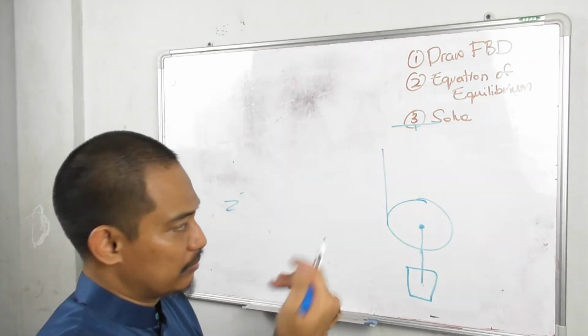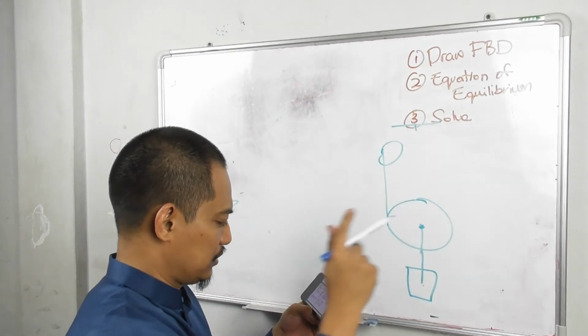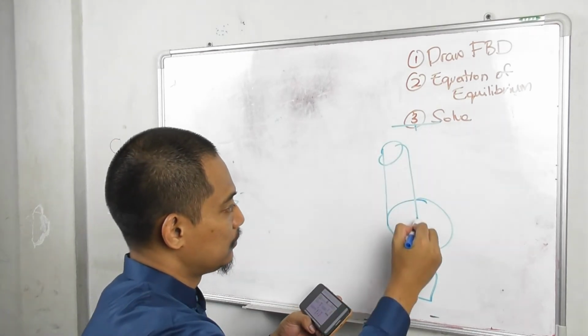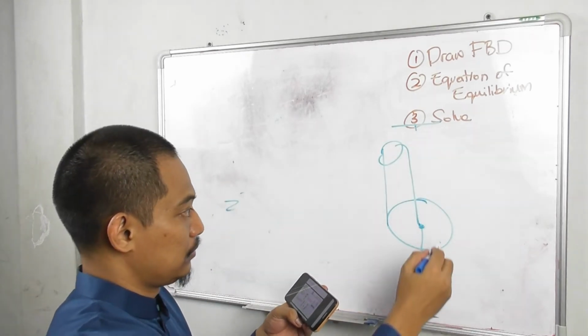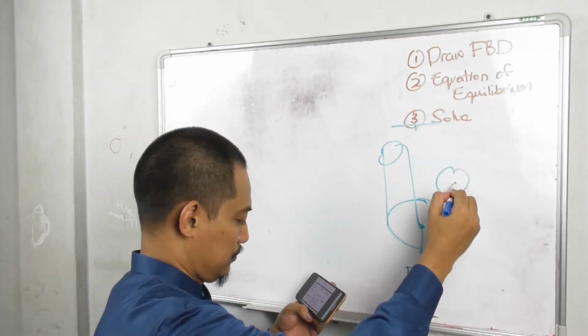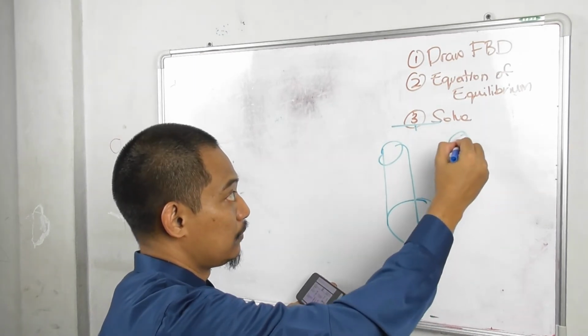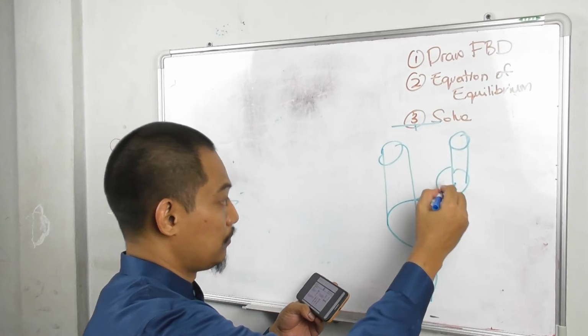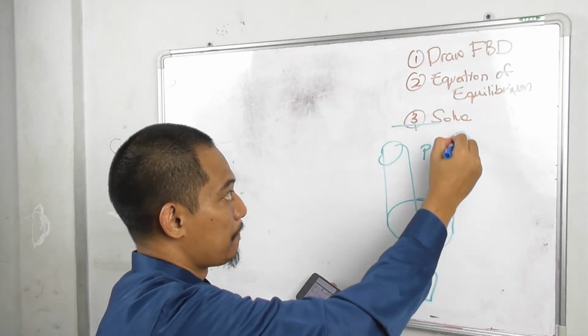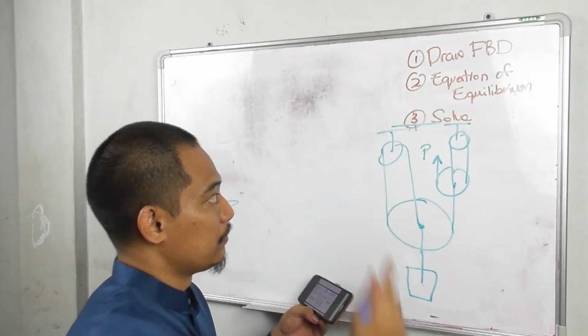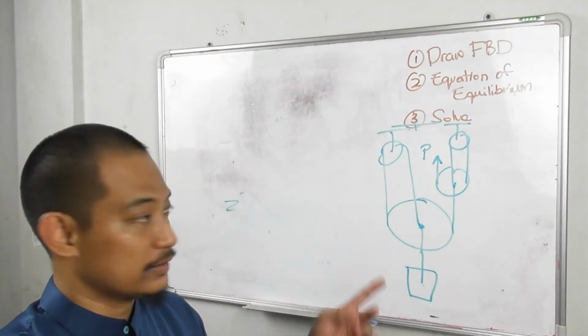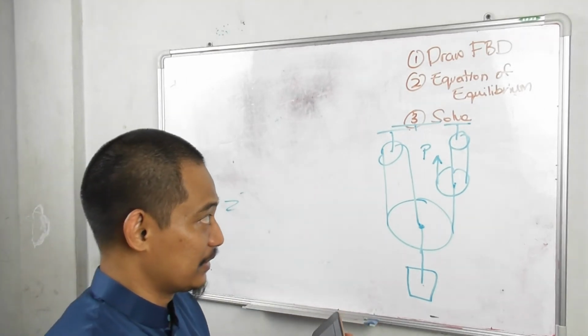I'm not sure what it is, but I assume it is a pulley because it's not clear. Okay, let's take the problem as such.